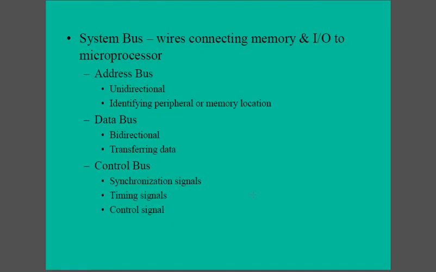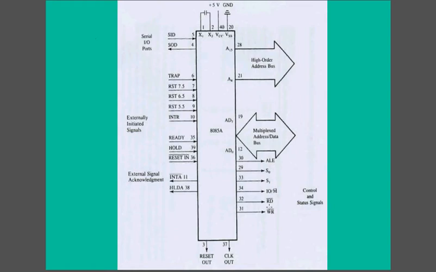And then another good example here, read and write. If the signal from pin 32, the RD signal, is low, that means we want to read from the memory.